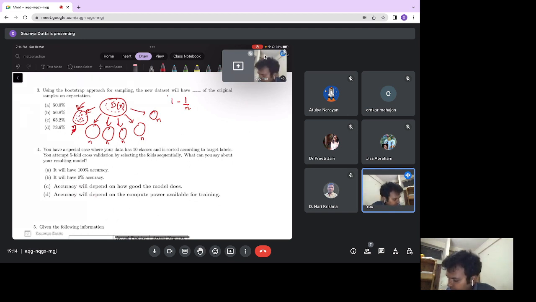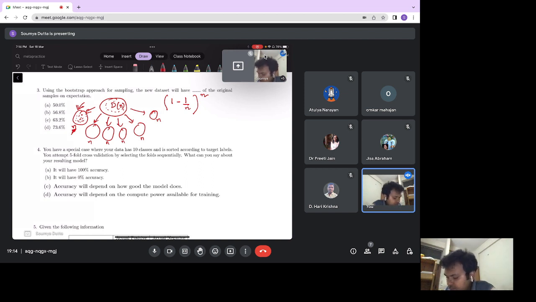And therefore if you have n such samples, the probability of one particular point not getting selected in any of the n different bootstrap samples is (1 minus 1 by n) to the power of n, correct? So this will be the probability.